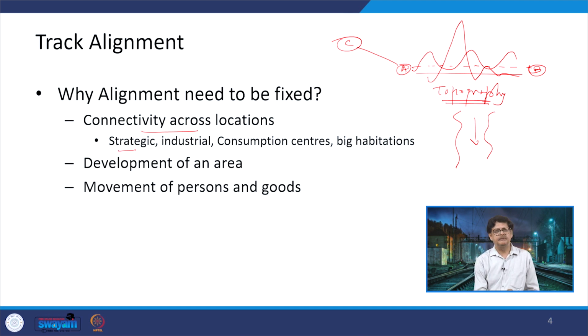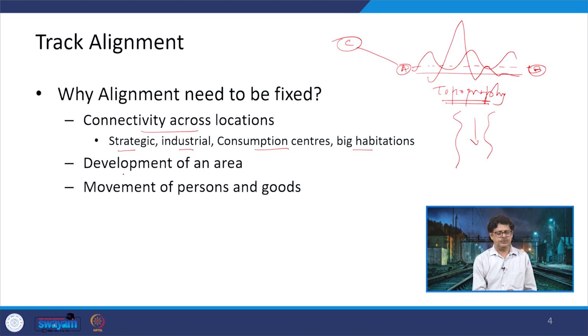As written here, it can be a strategic condition, an industrial condition, or a consumption center, or a very big habitation which needs to be connected because of the flow of manpower from that location to other locations, or from other locations to that location. So, different reasons can be there due to which those connectivities need to be provided.